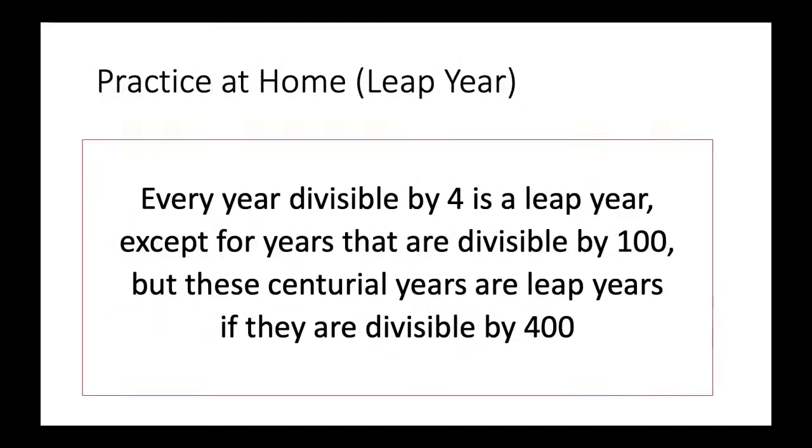Okay. Now the next one. Let's do this as a practice at home. Here it says, how do we calculate a leap year? A normal year has 365 days, but in a leap year we have 366 days. So why? Normally we say we have a leap year every 4 years, but it is not exactly true.